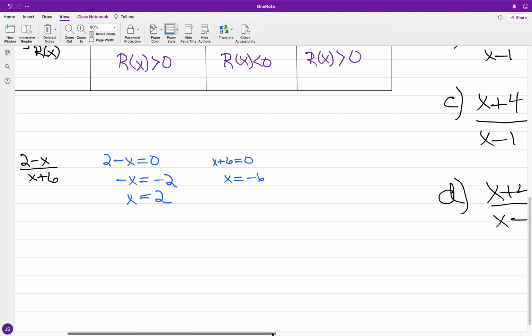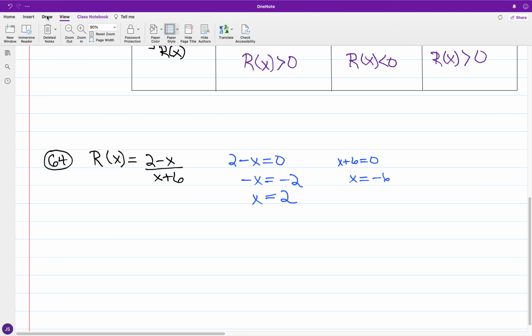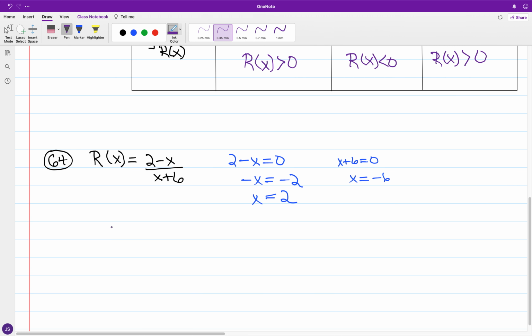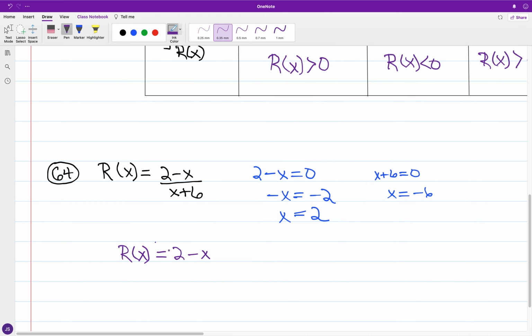So in the case of the rational function, once again, you have r of x is equal to 2 minus x all over x plus 6.